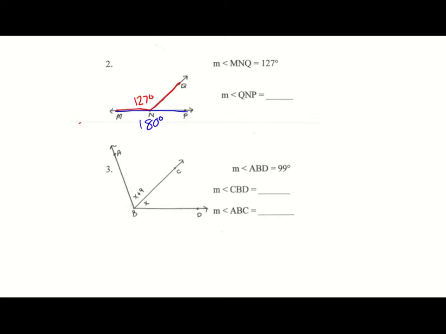So if I'm looking for QNP, this piece right here, I know my whole thing equals 180, and that 180 is going to equal the measure of QNP plus 127. So if I want to figure out what QNP is, I can take 180 minus 127, and I am left with QNP, which is 53.